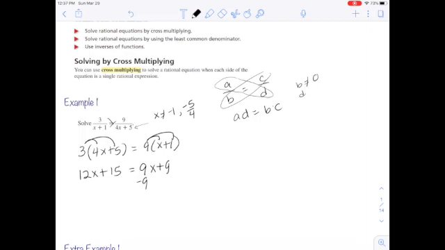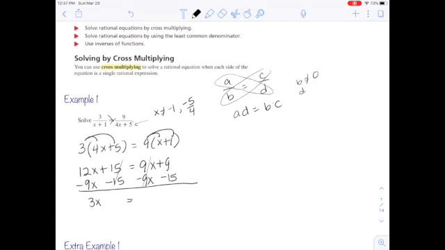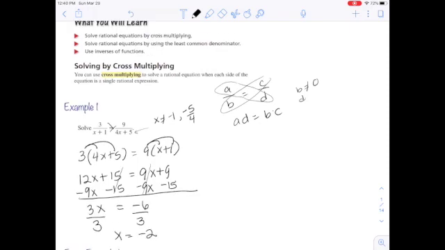And we have x's on both sides of your equation, so we'll subtract 9x, subtract 15, and you have yourself 3x is equal to, those drop out, your 9x's drop out also, and you're left with -6. And divide both sides by 3, and you get x is equal to -2.